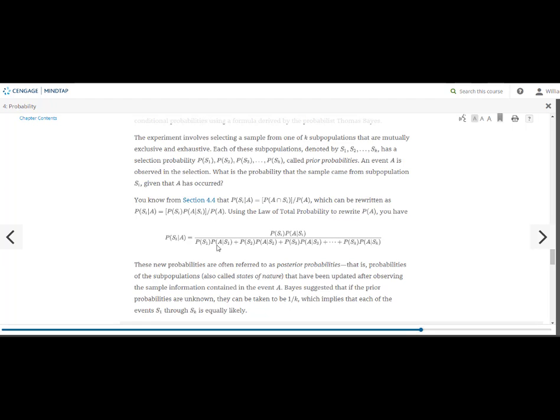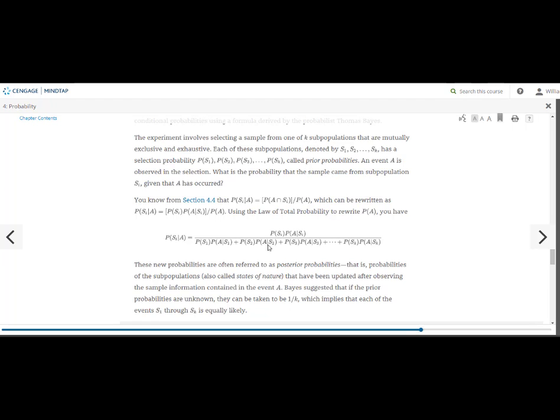But this is not the prior probability of A. This is P of A given something else. So we're given something. Posterior means after. So after being given S1, what's the probability of A? After being given S2, what's the probability of A? This kind of expression is sometimes called the posterior probability.